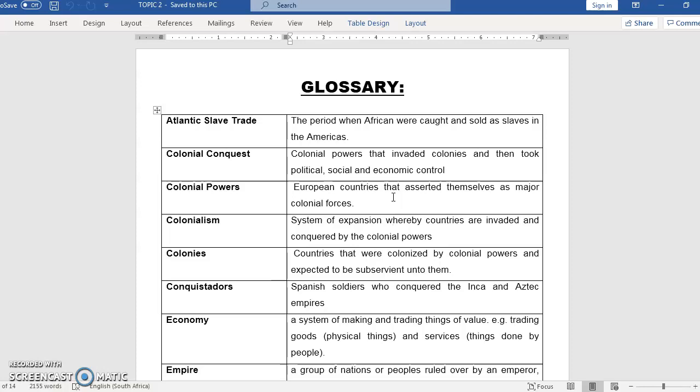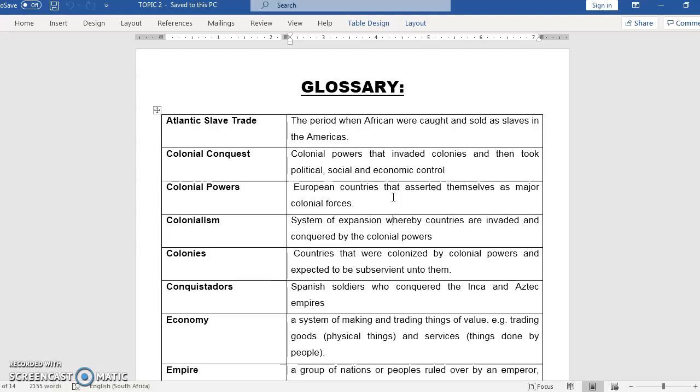They would go to North America, South America, Africa, India, and they would invade these countries, and because of their superior technology they were able to conquer and take them over. That process where one country takes over another country is called colonialism.